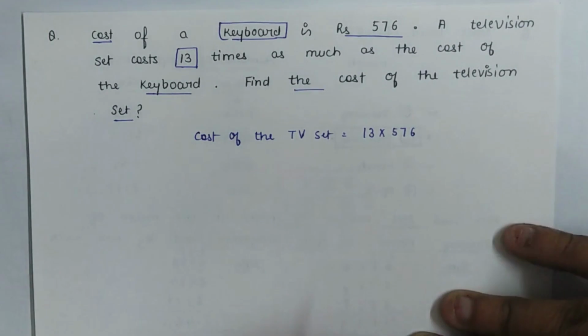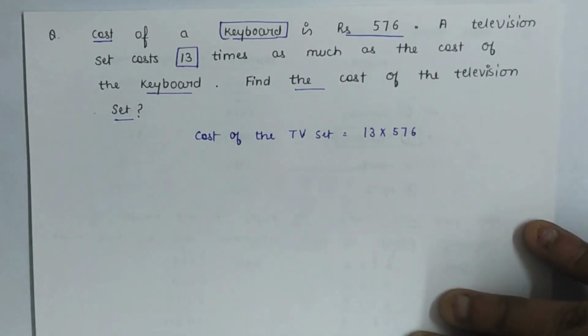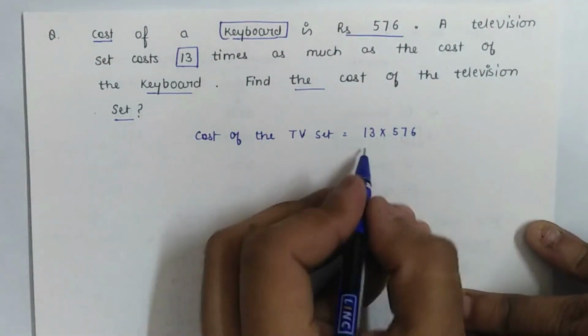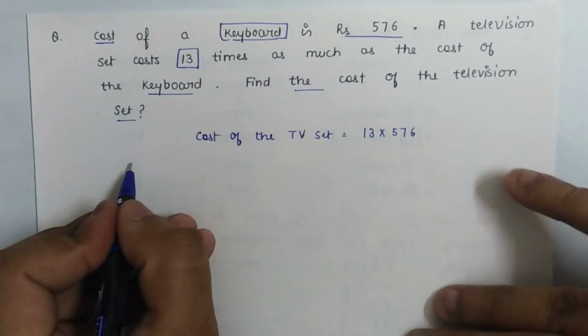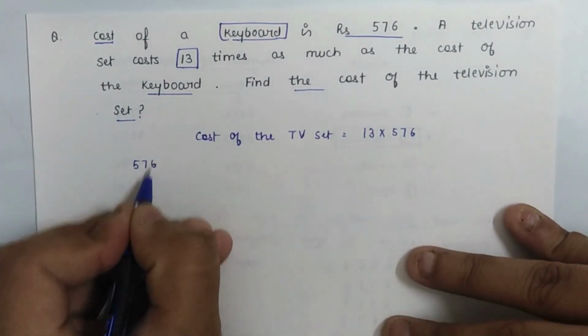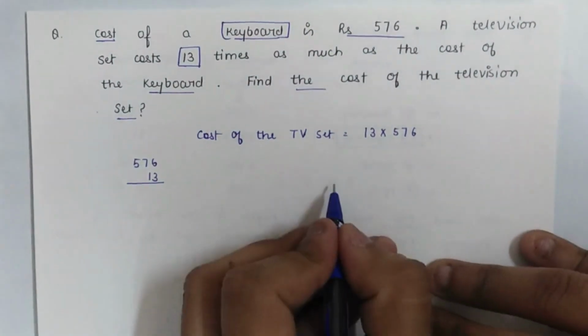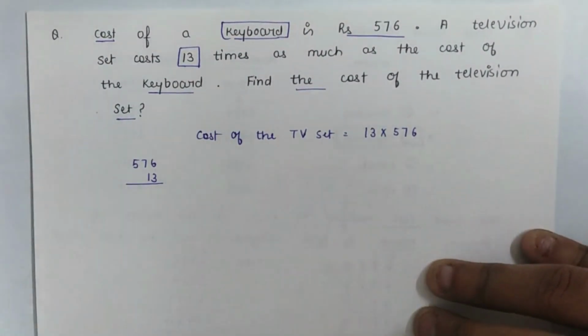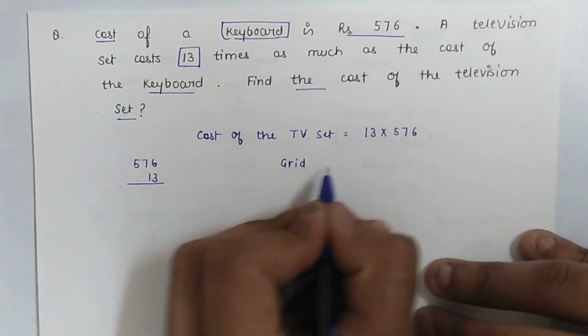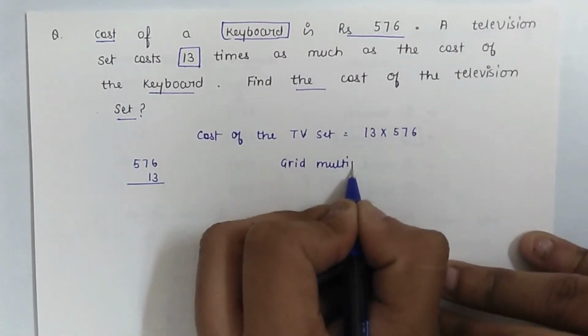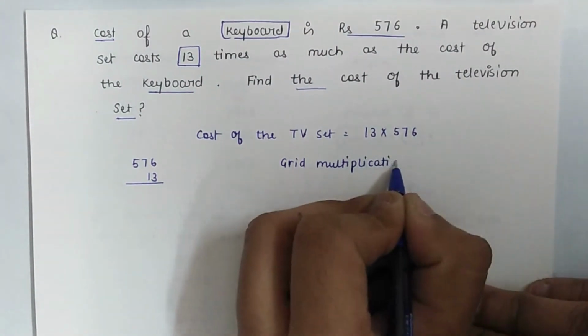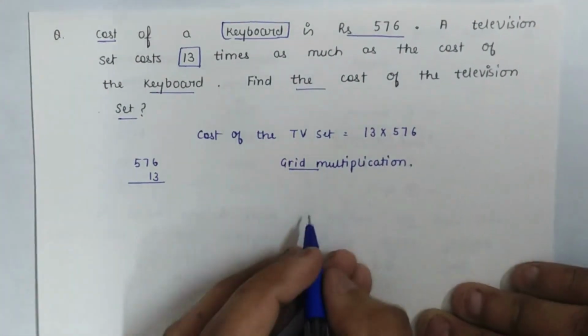The reason behind this question was that I want to introduce the concept of grid multiplication. We can do the long multiplication method, which we know, like 576 and 13, and we can get the answer. I wanted to introduce another method of multiplication, grid multiplication. Let's see what it is in this question only. How do we do the grid multiplication?